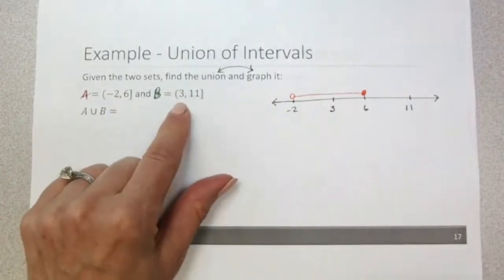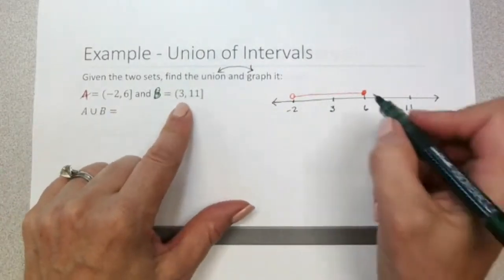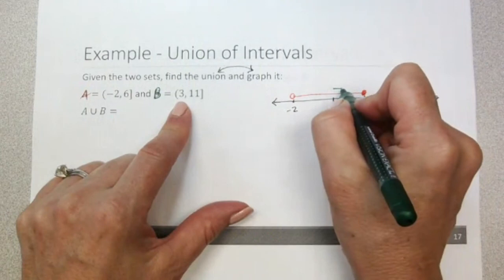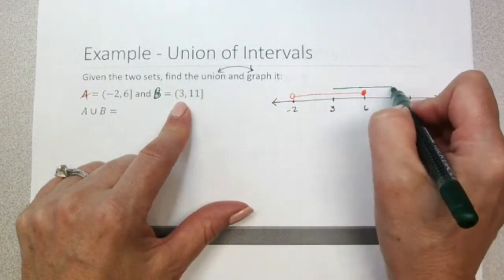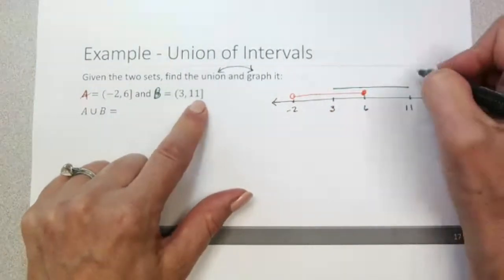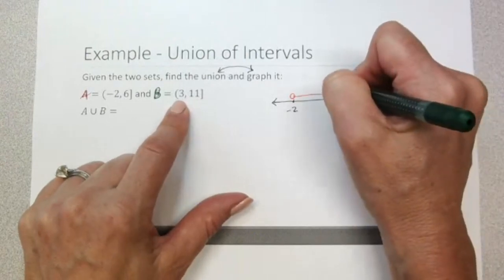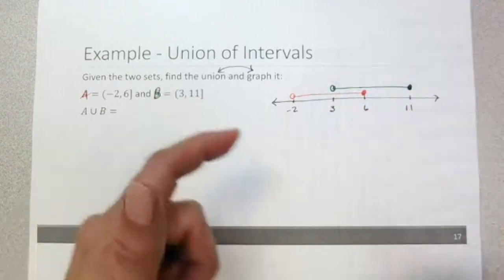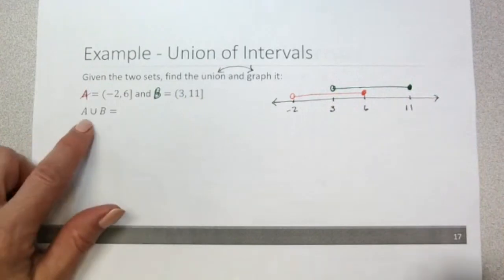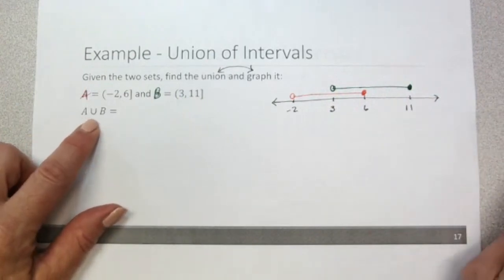Our second set, B, is everything between 3 and 11. Okay, so I'll just sketch that up above it. Everything between 3 and 11. Okay, it's going to be closed at 11, but open at 3. Okay, so I need to find the union of these two sets, A union B.